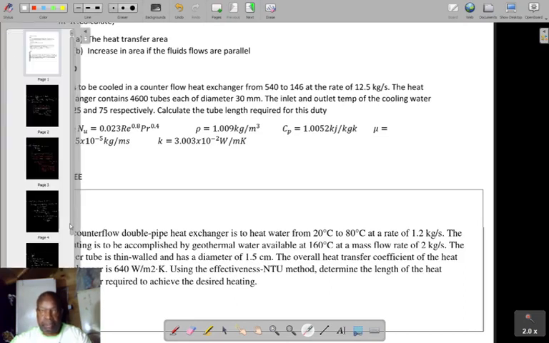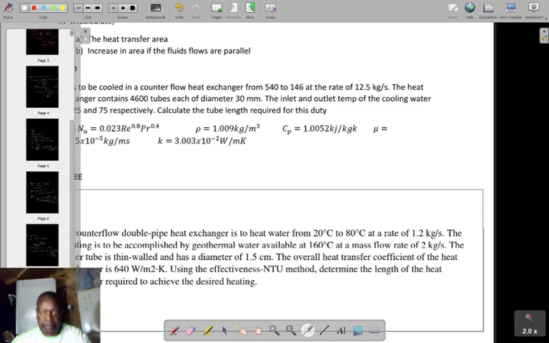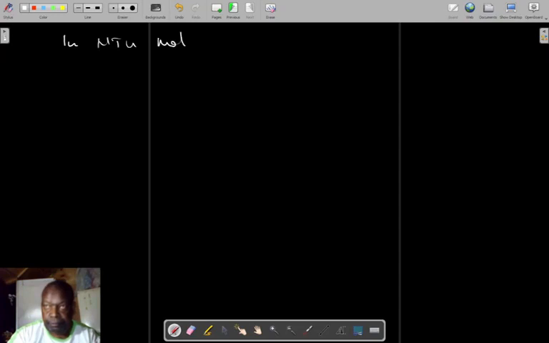Now let's have a look at the solution. Always in the NTU method, the first thing we do is calculate the heat capacity rates.